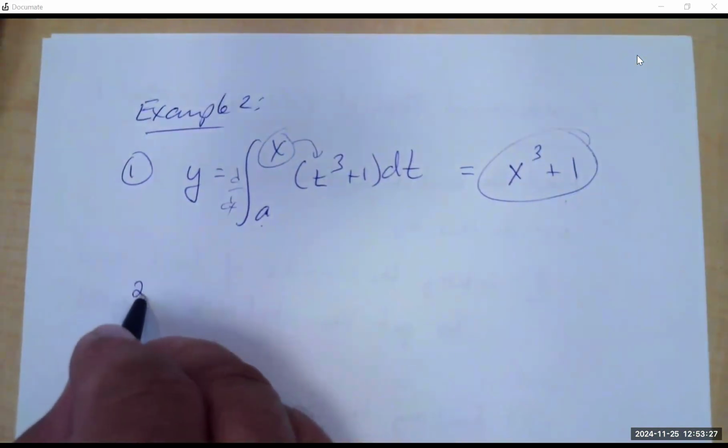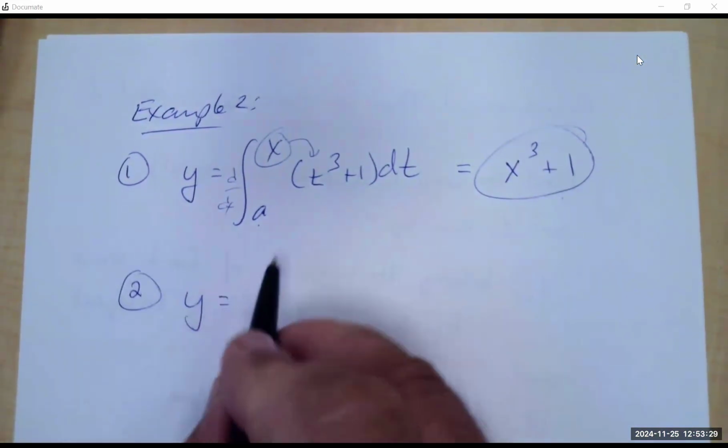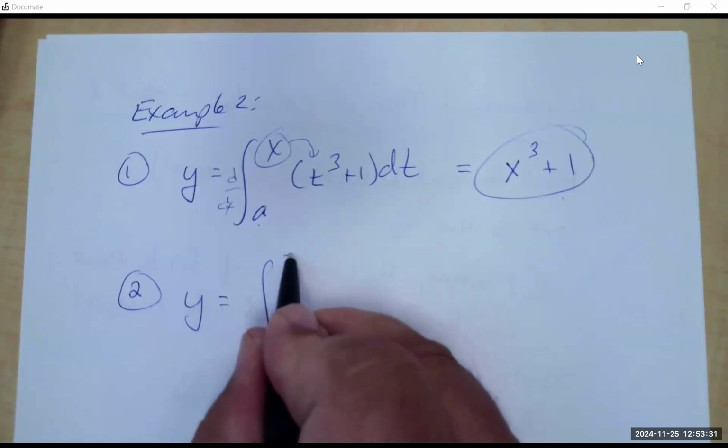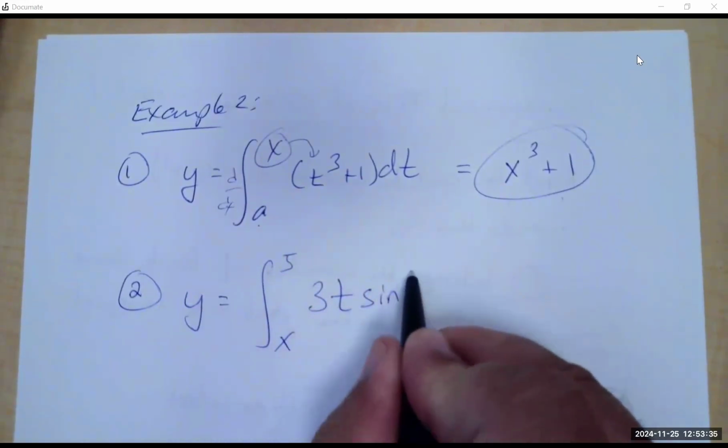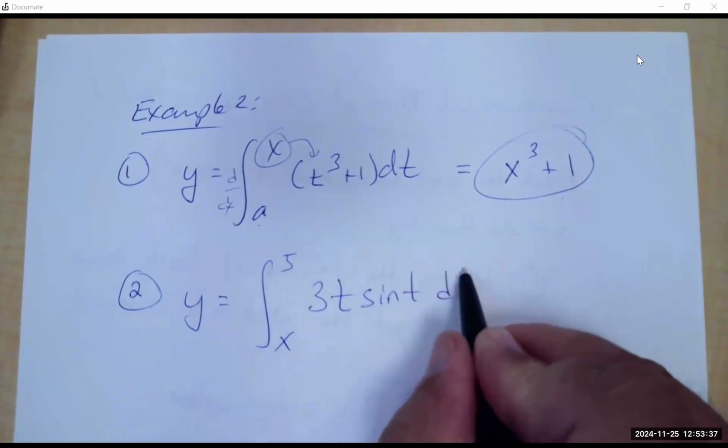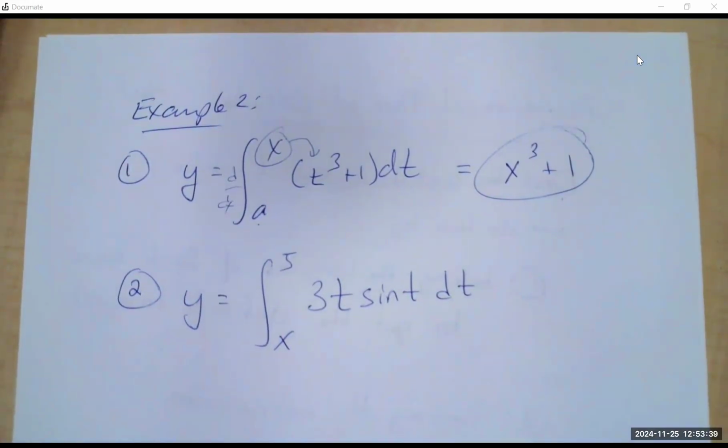For example number 2. If y equals the integral from x to 5 of 3t sine t dt. What's the answer? Is it in the right format?